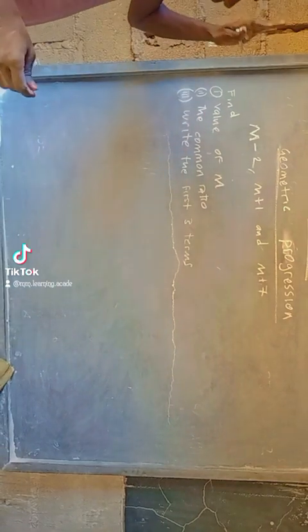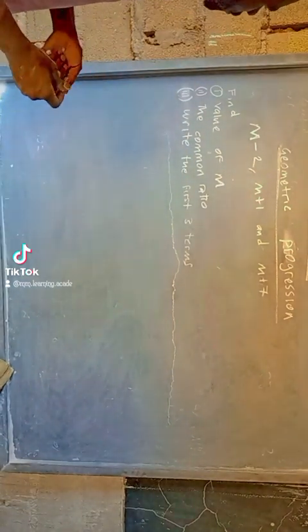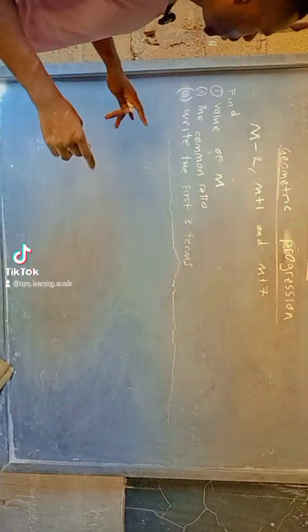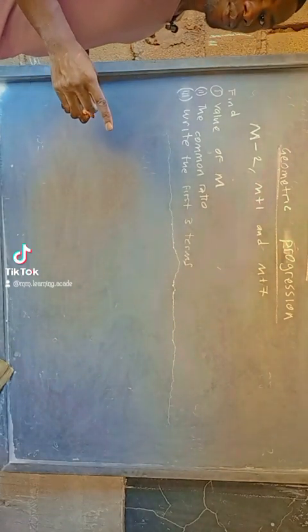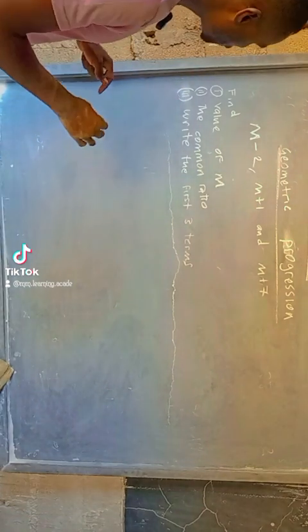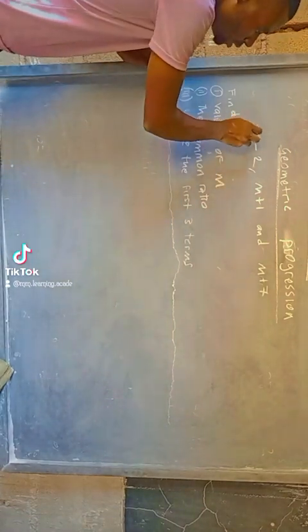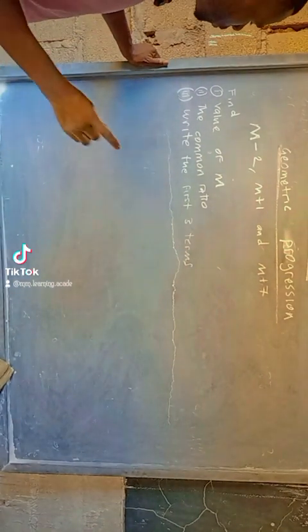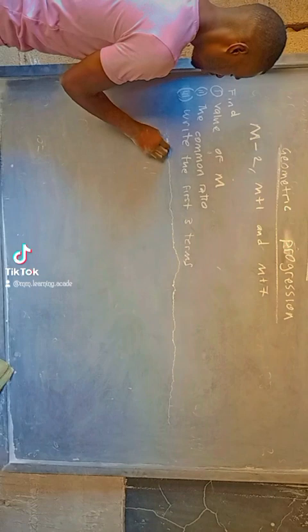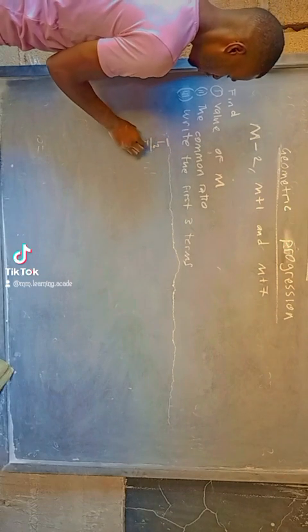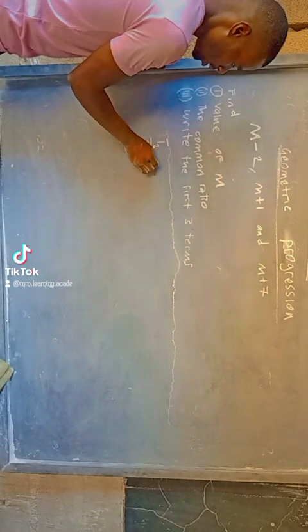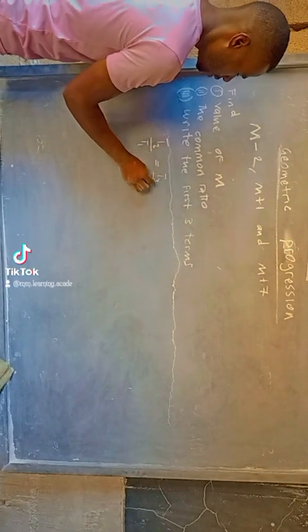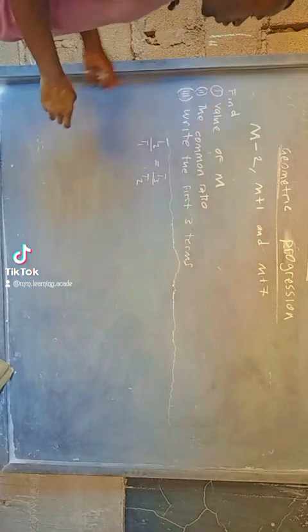So now, when we want to find the value for m, we are still going to use the formula that we use to find the common ratio. We know that the common ratio is constant throughout the pattern. Term number 2 over term number 1 is the common ratio, and this is the same as term number 3 over term number 2.